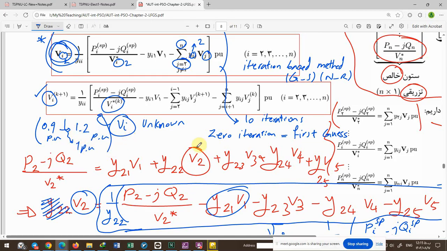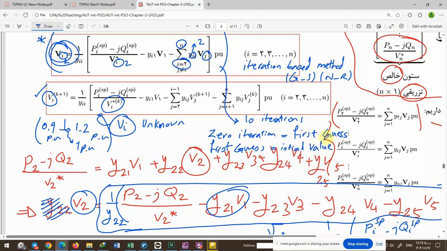The 1 per unit is the first guess or initial value.